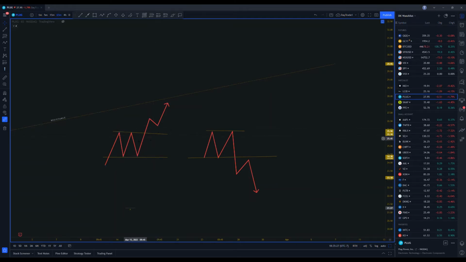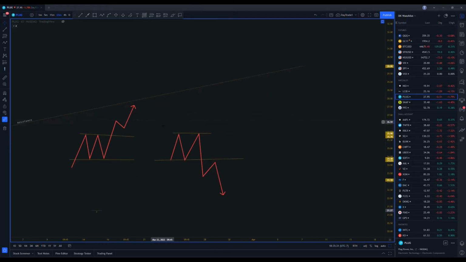Now, the downside to going in early is that obviously you can get a fake out. So a fake out would look something like this. And then it just comes back into the pattern, right?